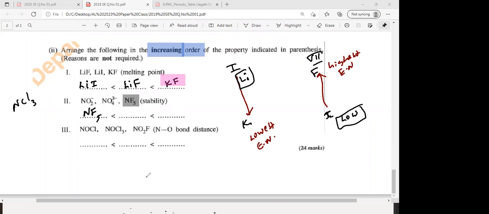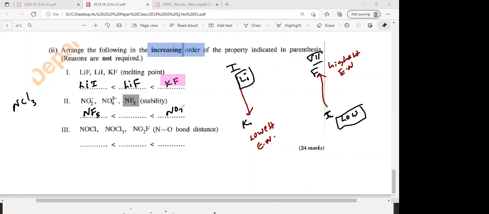Can you all please write the reason? The least stable is NF5 because nitrogen cannot have an expanded octet. Nitrogen is a second period element and cannot keep more than 8. Not only nitrogen, second period elements cannot keep more than 8. Then the most stable one is what?